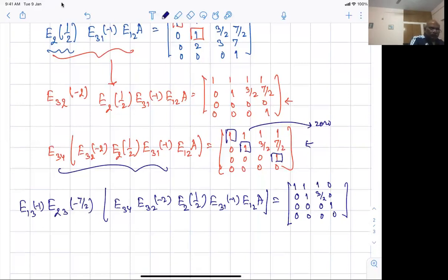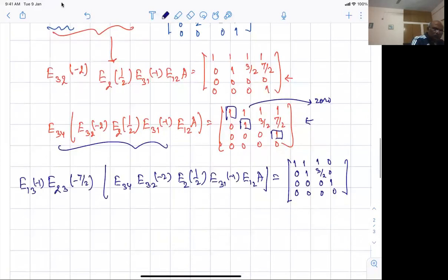Fine. So now you can do this again. In place of this, I will have this matrix. So the first row has to be replaced by the first row minus the second row, so that this entry becomes 0.